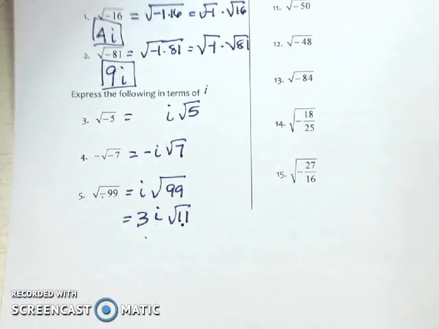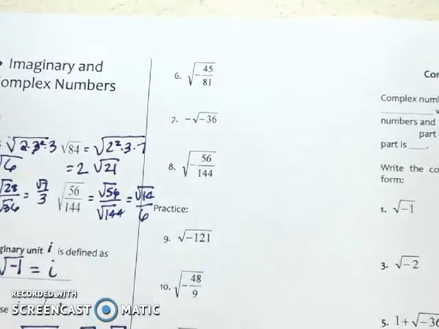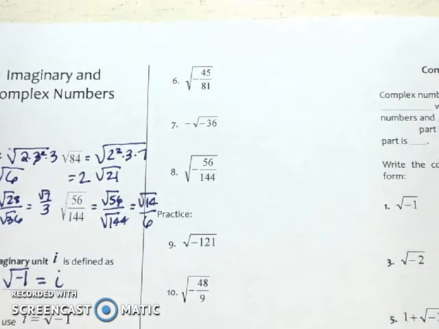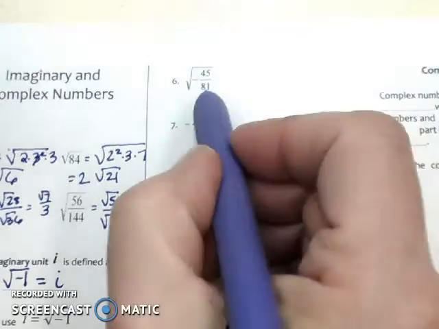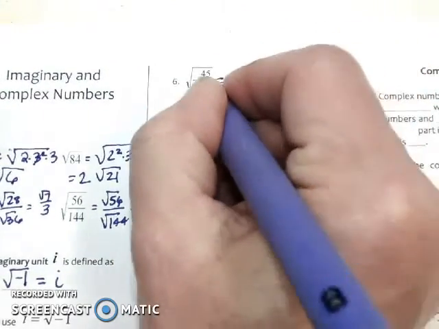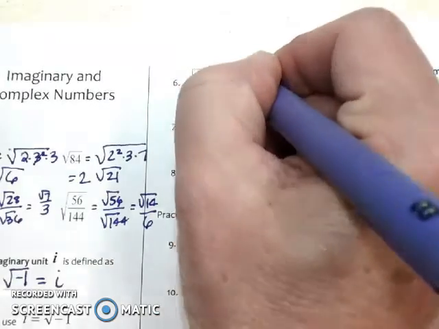On number 6, I've got the square root of negative 45 over 81. Sorry, I was looking ahead. So if I take the square root of negative 45 over 81, if it's the square root of a negative number, go ahead and pull the I out.